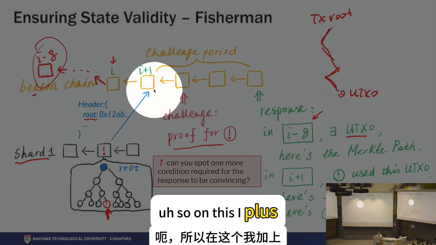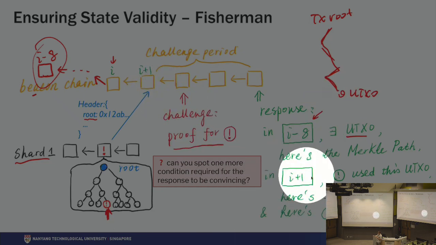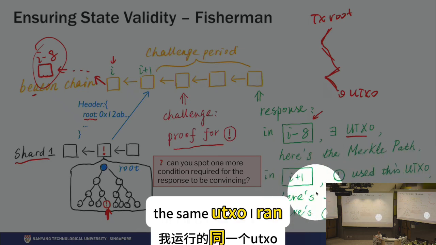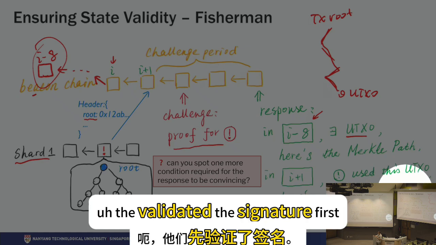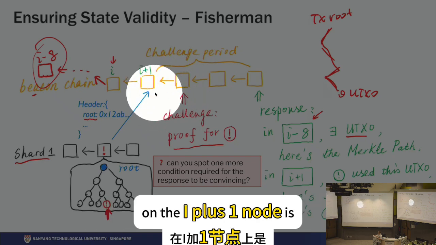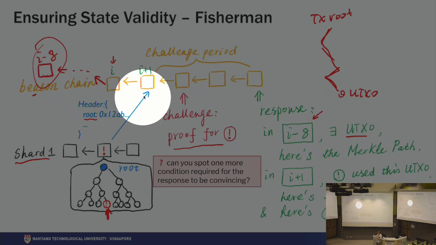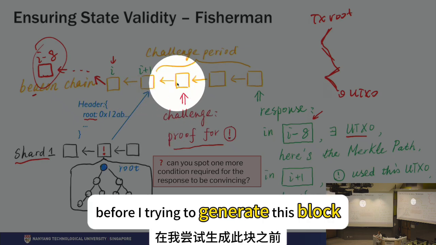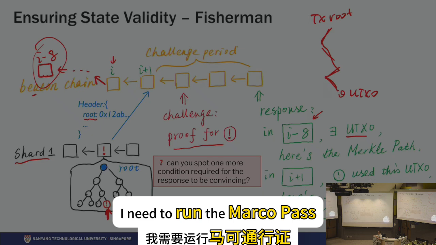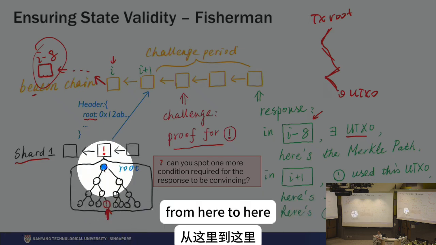So on this I plus 1 block, again, I use the same UTXO, and I first validate the signature to make sure the signature on the I plus 1 node is correct. Then before I try to generate this block, I need to run the Merkle path from here to here.